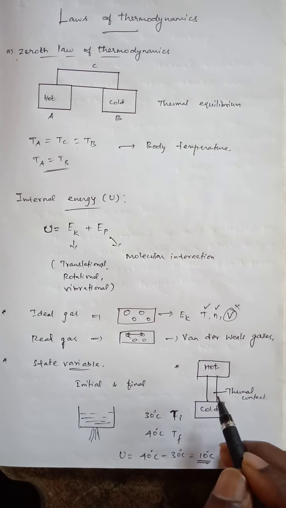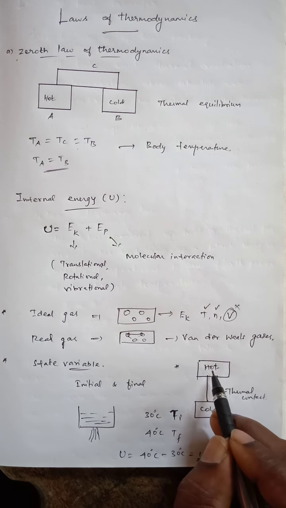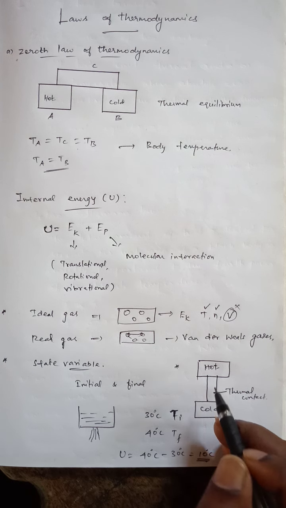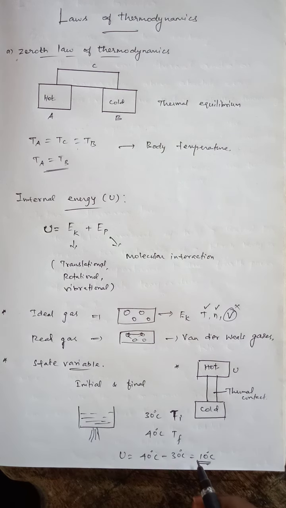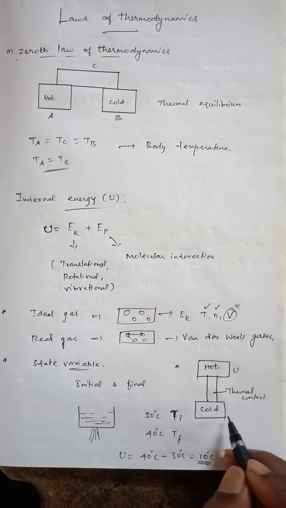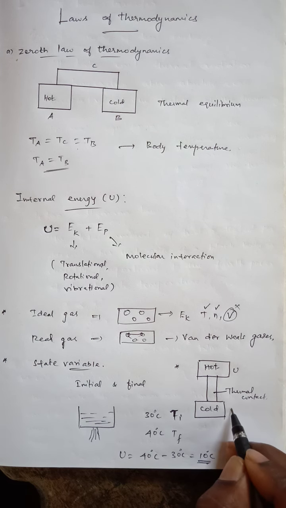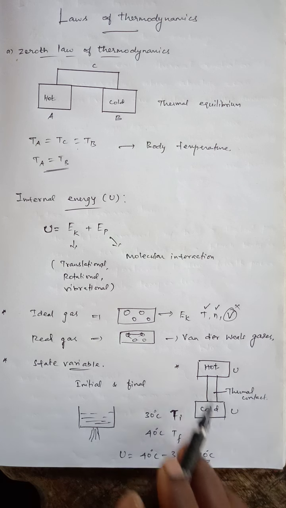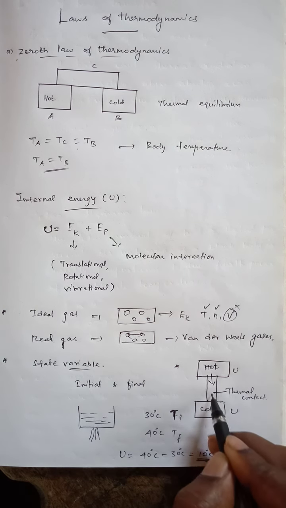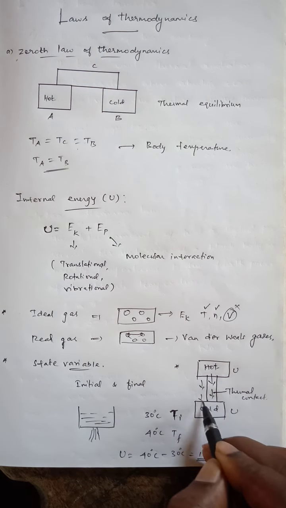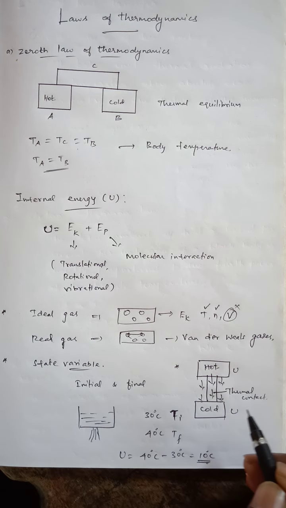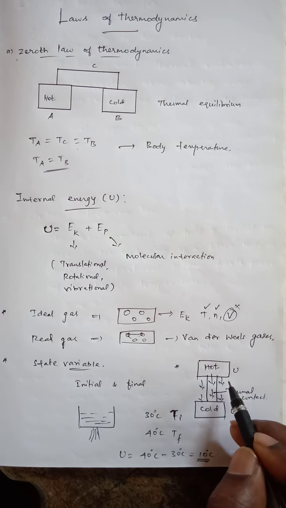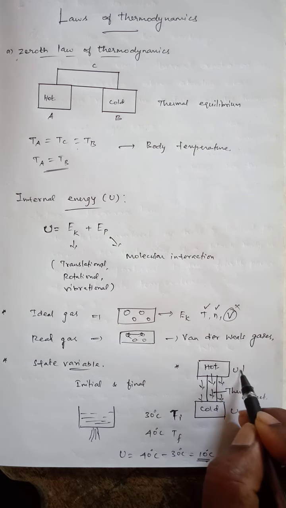Before that, the hot object has some internal energy, say U, and the cold object also has an internal energy, say U. Once heat flows from the hot to the cold object, the hot object's internal energy decreases.